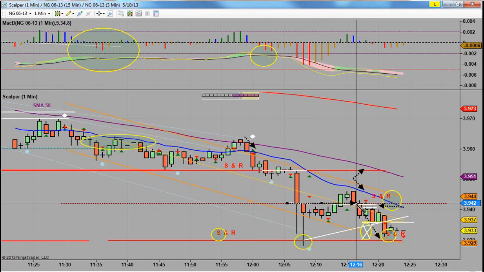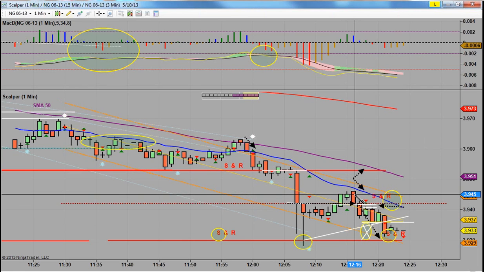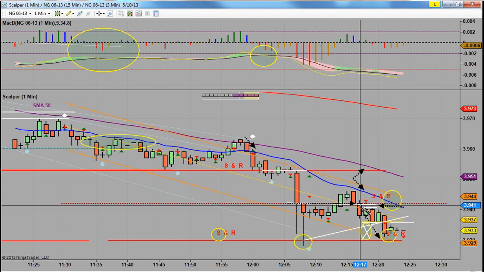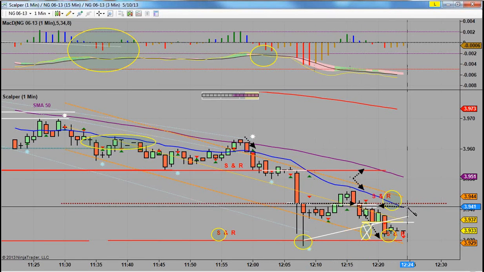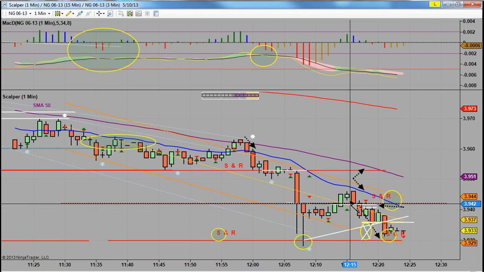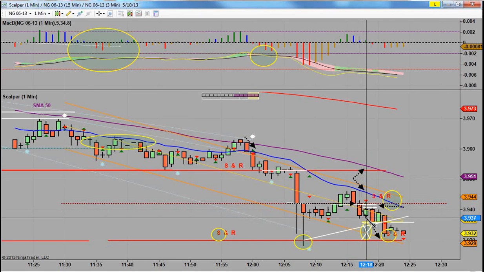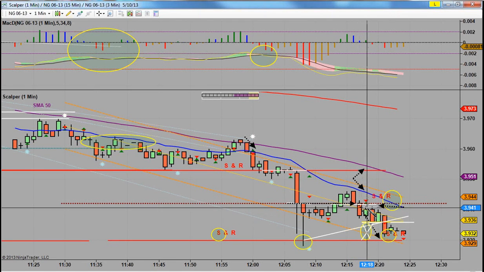This is a nice signal to take a short because you have two red candles. You have your line in the sand, which isn't too bad. It looks pretty good. And you take a short, and it comes right back on you.